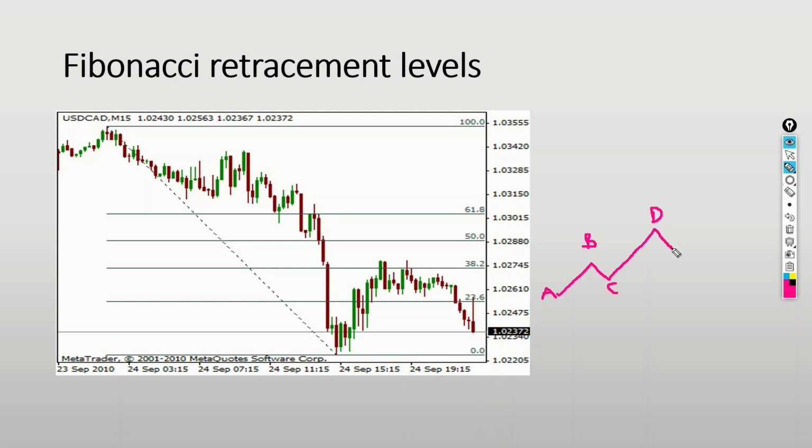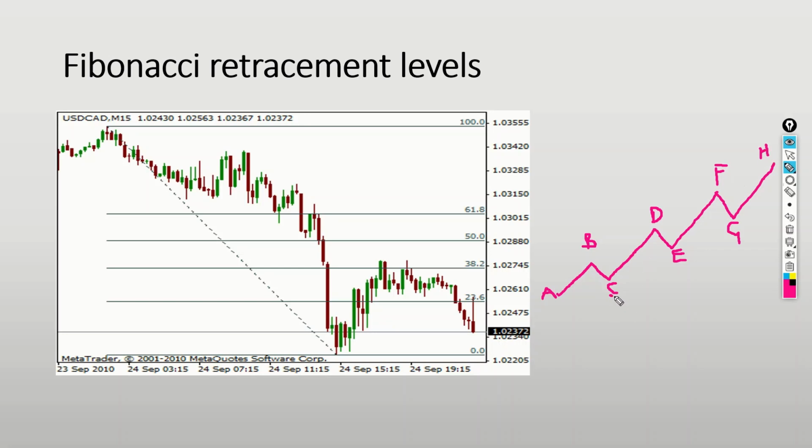The market retraces and forms a new point. This is point E, and then it forms point F, and then it will have to retrace, then continue. Point G, then point H. This is in an uptrend.